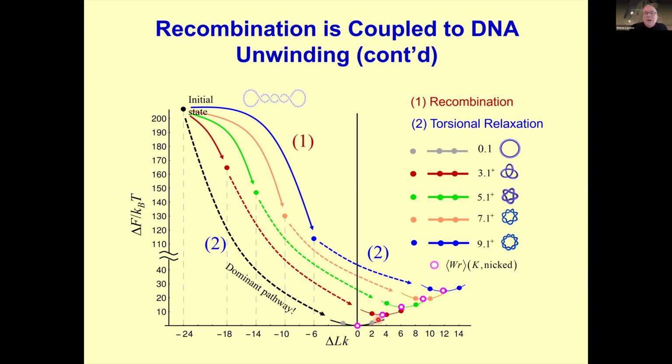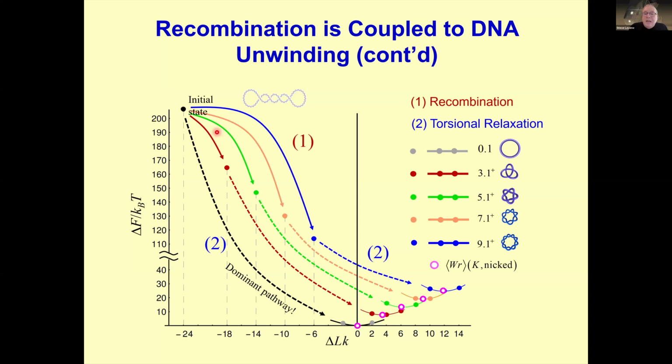So that's this black dashed pathway here, which takes you from the unknot to the unknot via what is effectively equivalent to a topoisomerase activity, similar perhaps to a type 1 topoisomerase activity, although I don't think it's quite exactly that.